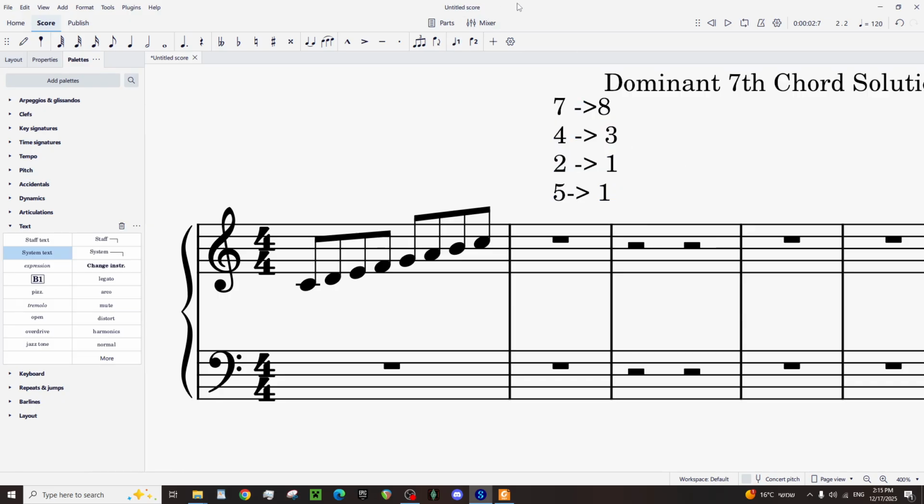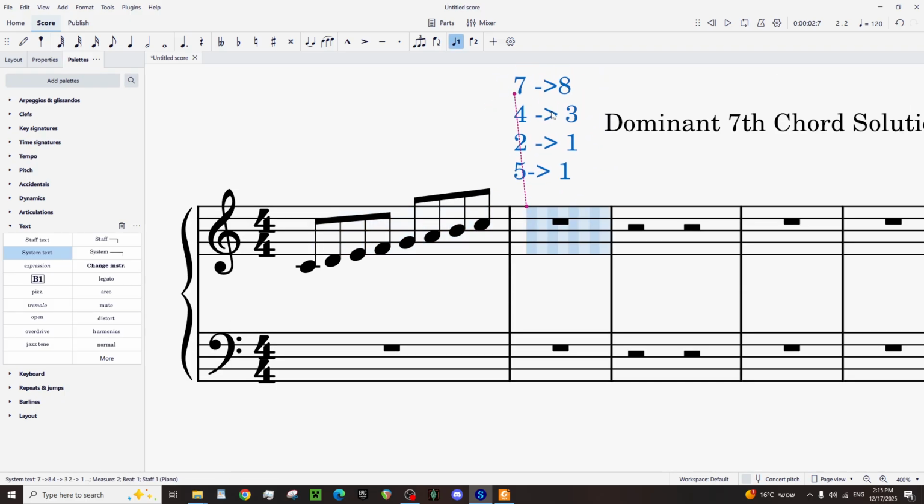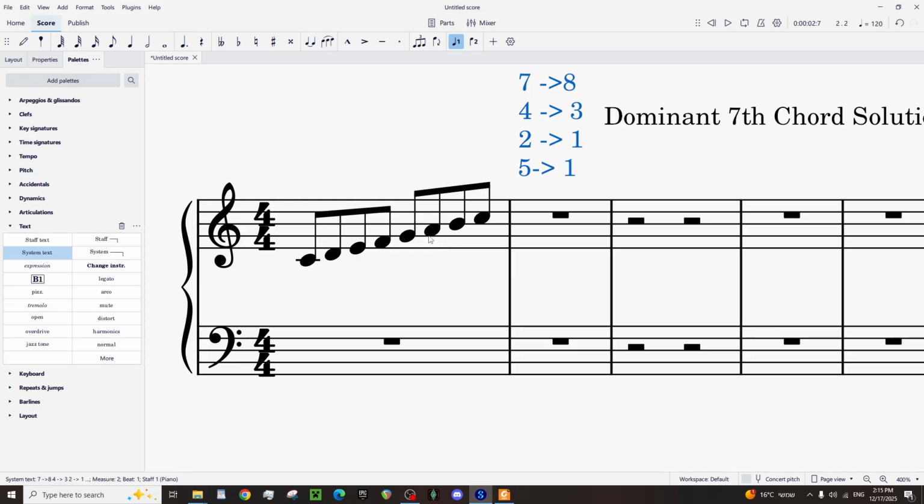So what I mean by that is the B in G major. I'm going to write down the G dominant chord.